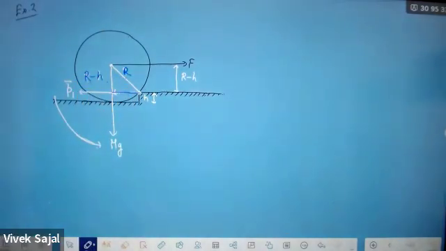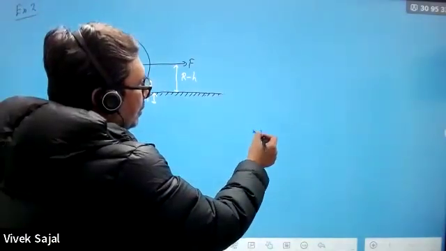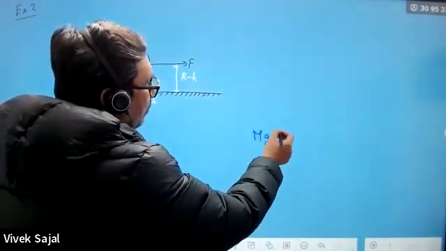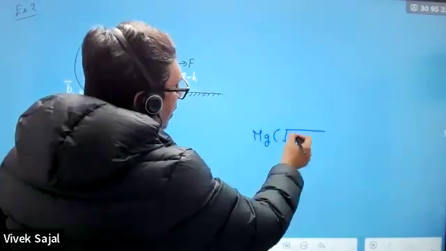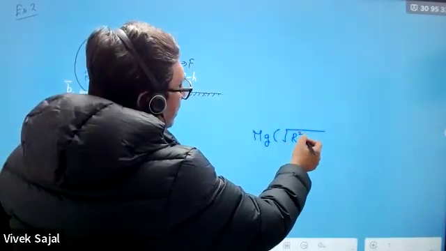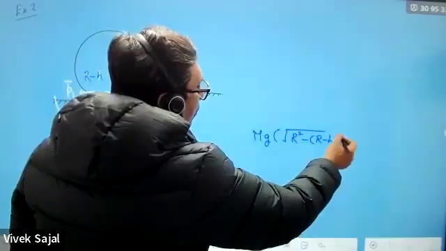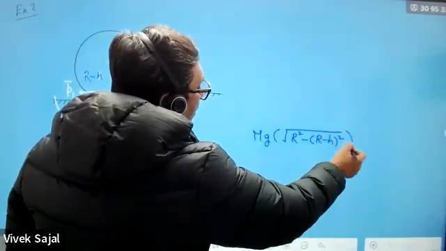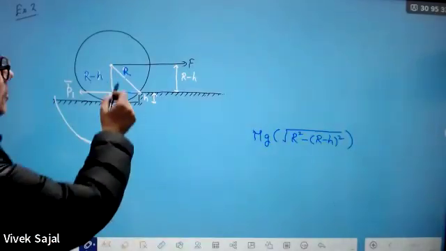So the torque created by mg will be mg multiplied by the square root of r square minus (r minus h) whole square.